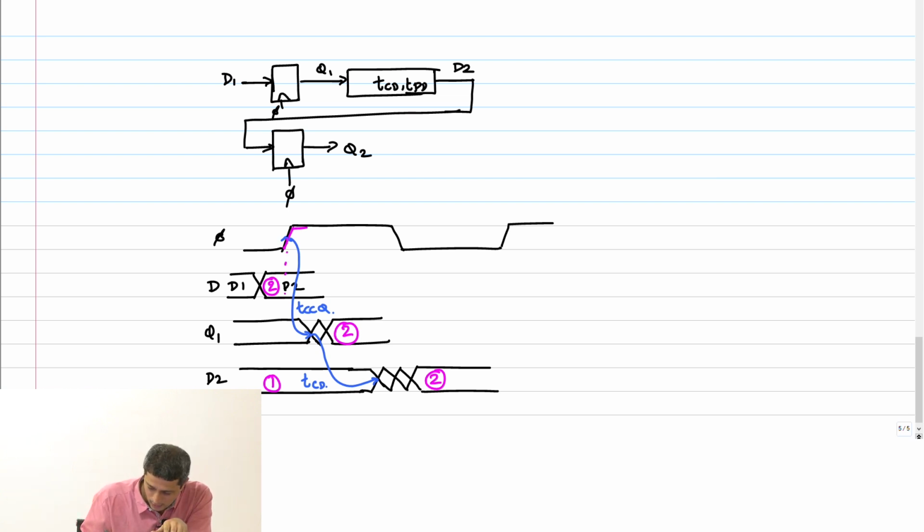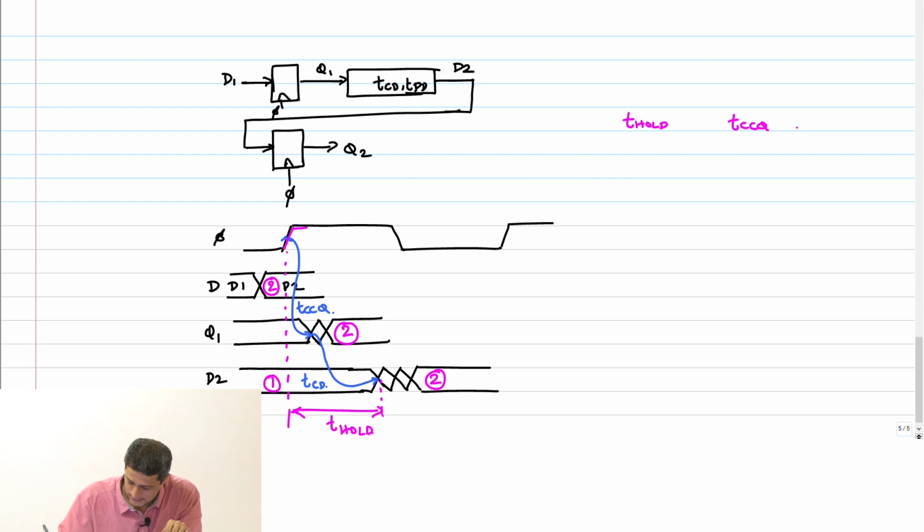This delay in the worst case should be T hold. So I can now write T hold, and I have two delays there, TCCQ plus TCD. What's the inequality?